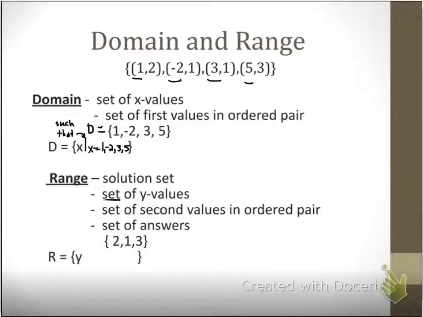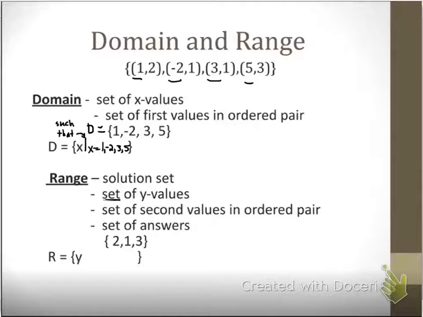That's just another way to write my domain. Okay? So any questions on domain? It's my set of x values. We can also call it my set of inputs. When we talk about functions, we'll talk about input, output. My x values are my inputs. So it's my set of my inputs also.